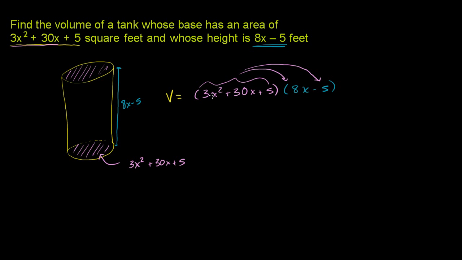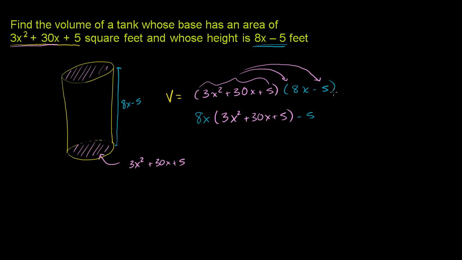So let's do that. So it's going to be this entire thing times 8x, or we could view it as 8x times this entire thing. So 8x times 3x squared plus 30x plus 5, minus 5 times the entire thing again.